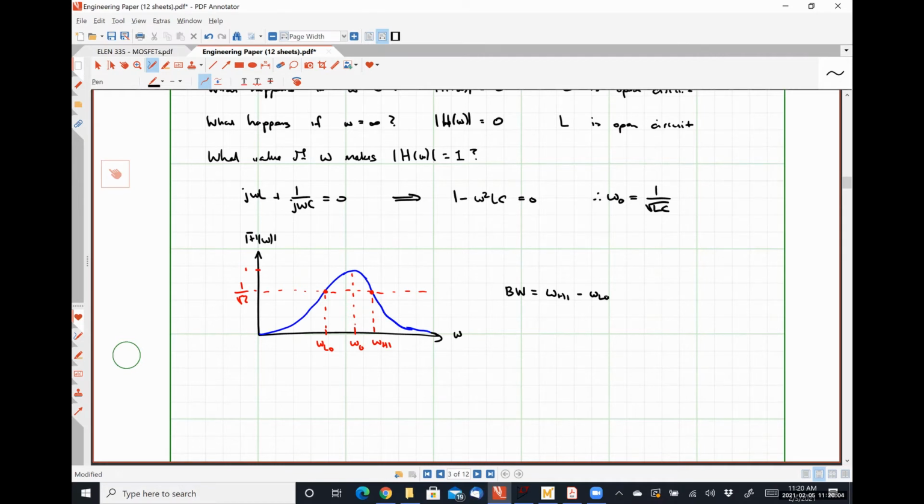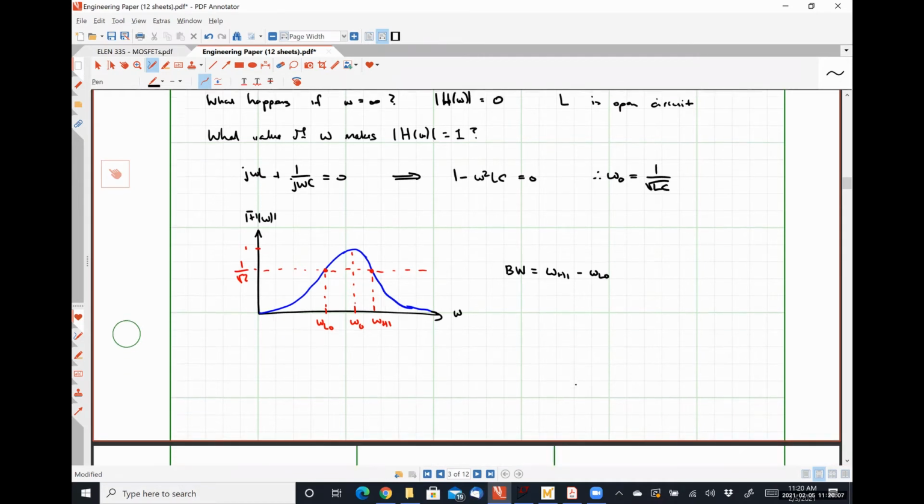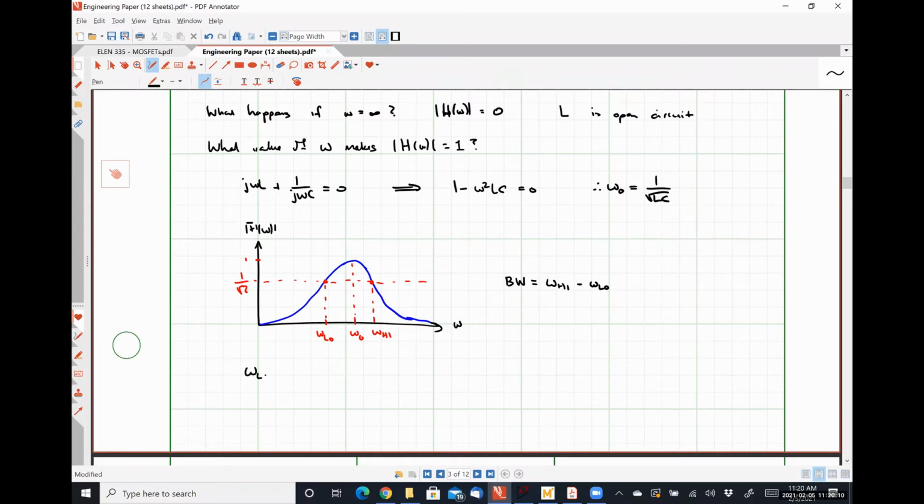All right, so omega low is negative R over 2L plus the square root of the quantity R over 2L squared plus 1 over LC. I didn't derive this because I don't really need to. We're just going off of how this is effectively a second order RLC circuit here.